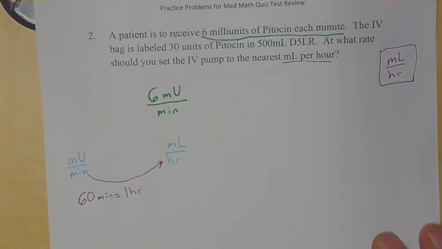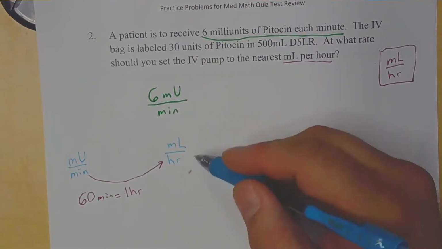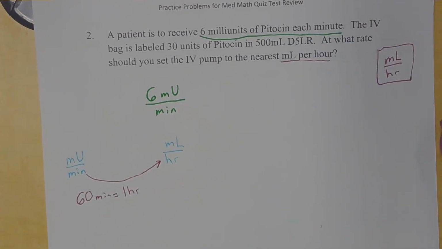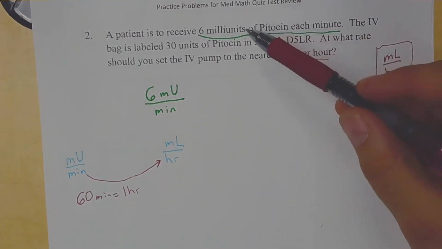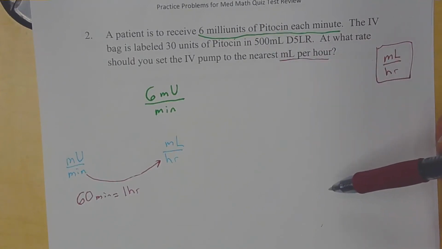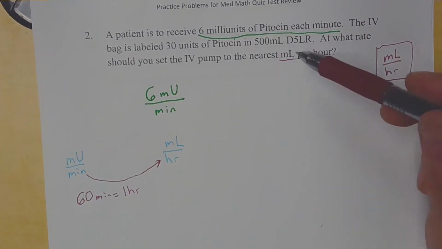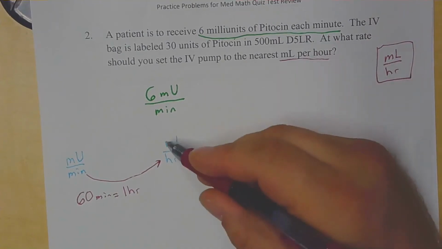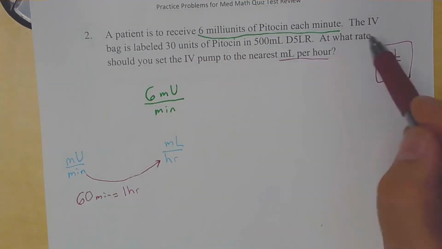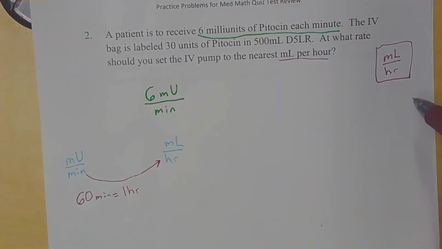What else am I going to use? Well, how am I going to get to milliliters? And boy, it would be great if in the problem I had some relationship between milliunits and milliliters, but I don't. That stinks. However, what I tell people to do is start at the end and work your way backwards. So do I have something in here that tells me about milliliters?